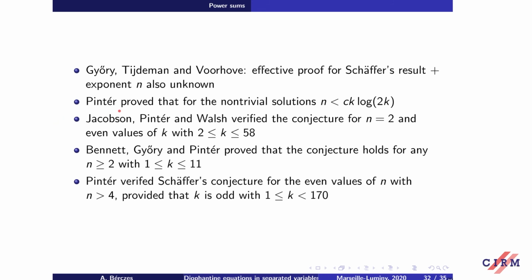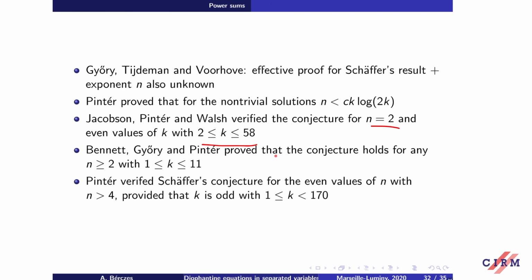Then Pintér proved that for non-trivial solutions we have this bound. The conjecture was verified by Jacobson, Pintér, and Walsh for some bounded values of k and n equals 2.